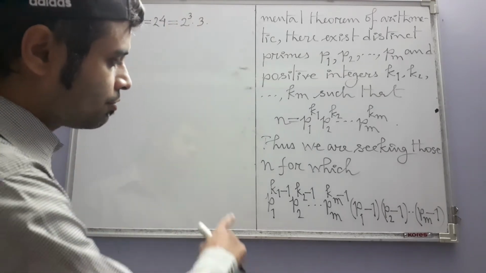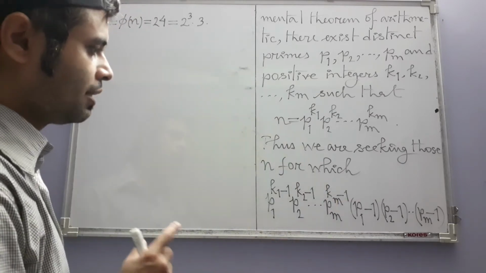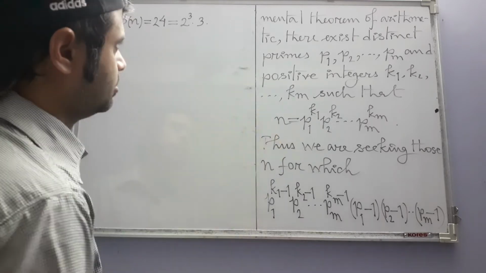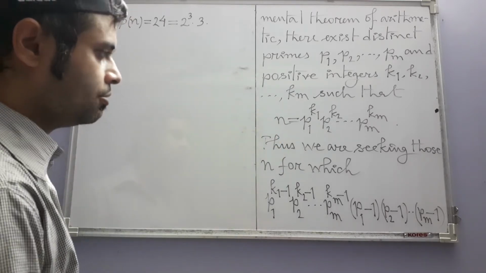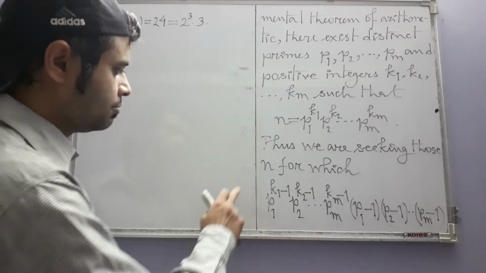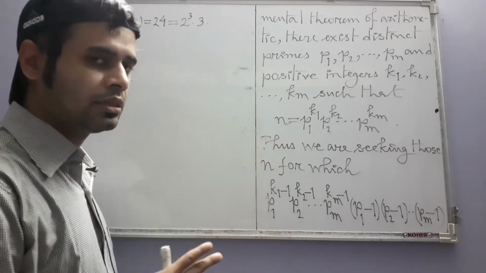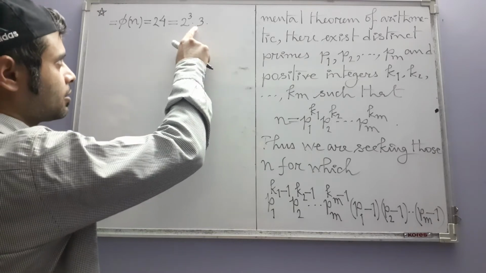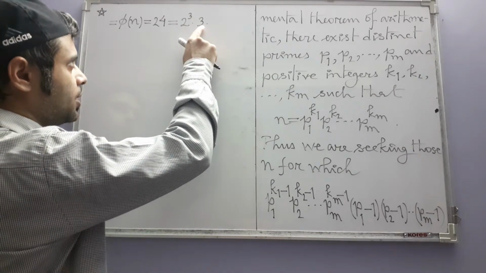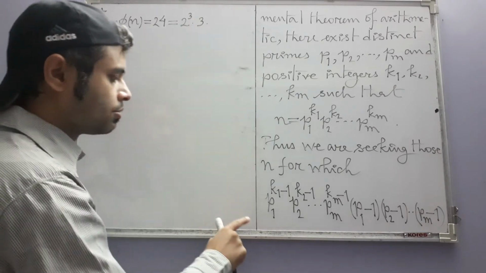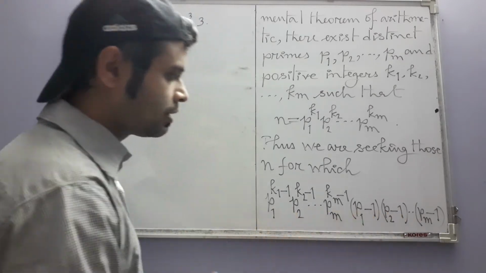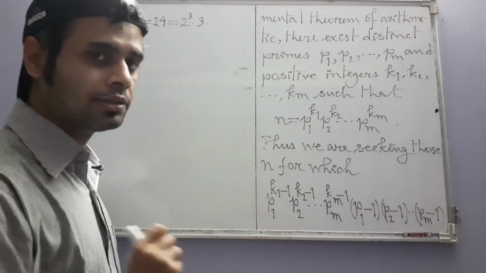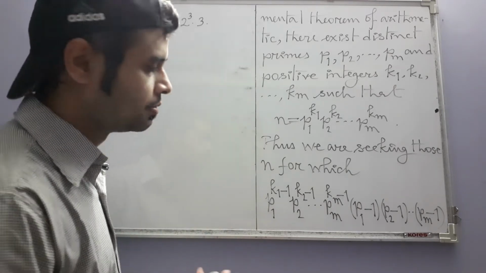Now somehow from this equation itself we have to find all the possible values of n. So how can we do that? For that we have to use number theoretic arguments. Like for example, you see that the right hand side has only one 3. So on this left hand side also we should have only a single 3, and that's just it.